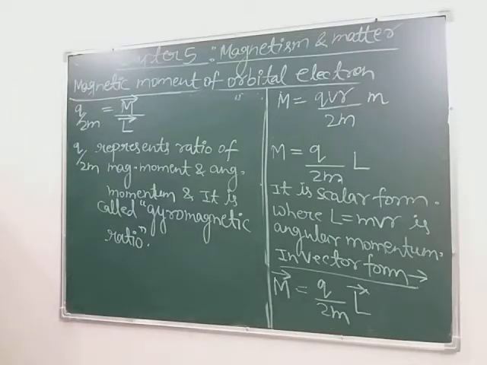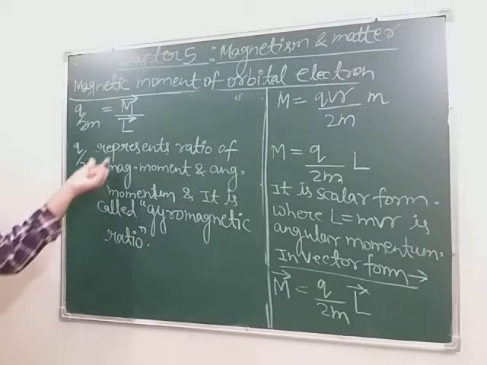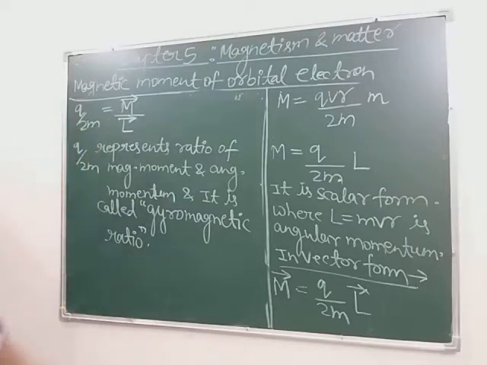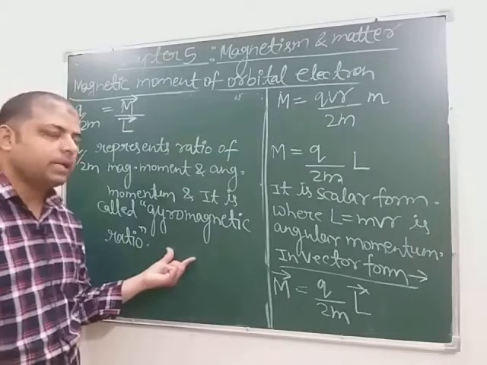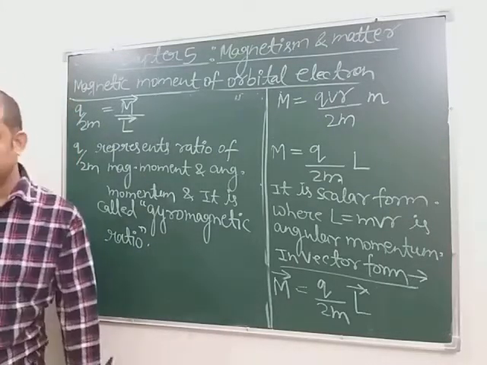Okay. q by 2m, which is the gyromagnetic ratio. This q by 2m represents the ratio of magnetic moment and angular momentum, and it is called gyromagnetic ratio. Note it down, very important.